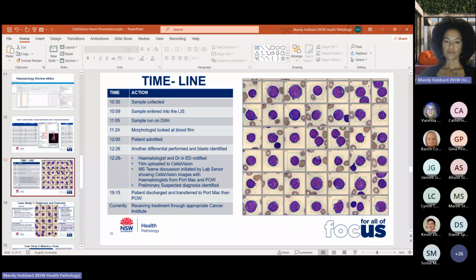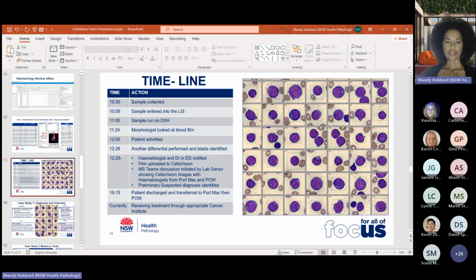Initiated by the lab senior, which was a fantastic idea, they opened up a discussion using Teams and showed the Cellavision images to the hematologists from both Port Macquarie and Prince of Wales, and the preliminary suspected diagnosis was identified. The patient was then discharged and transferred to Port Mac and then Prince of Wales.